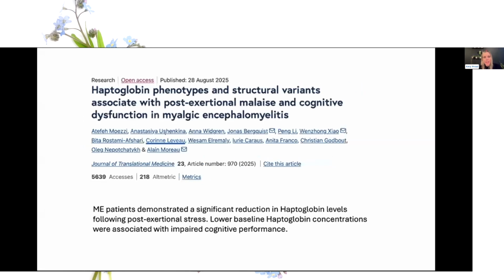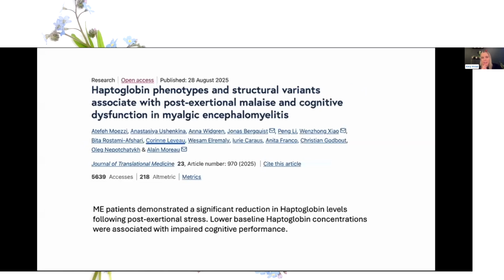And I thought it was interesting then when Dr. Moreau presented his paper, or showed this paper, in which haptoglobin was demonstrated to be reduced following post-exertional stress in patients with ME. Actually, just for me, again, it made me think, oh, I wonder if there's a subset of people that could also have some kind of Babesia type contribution to symptoms.